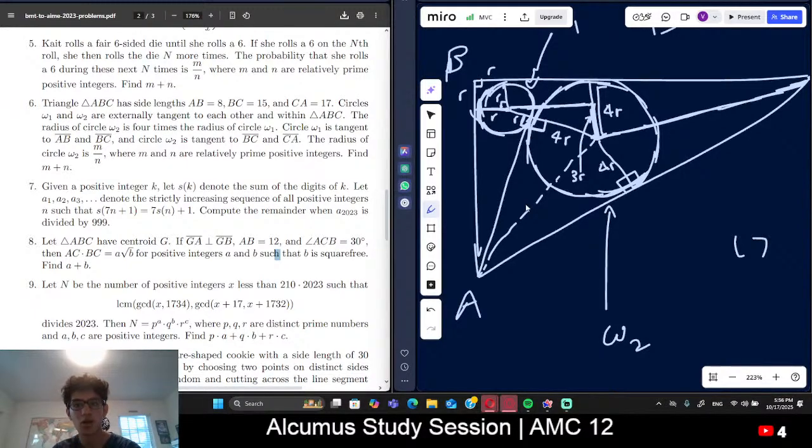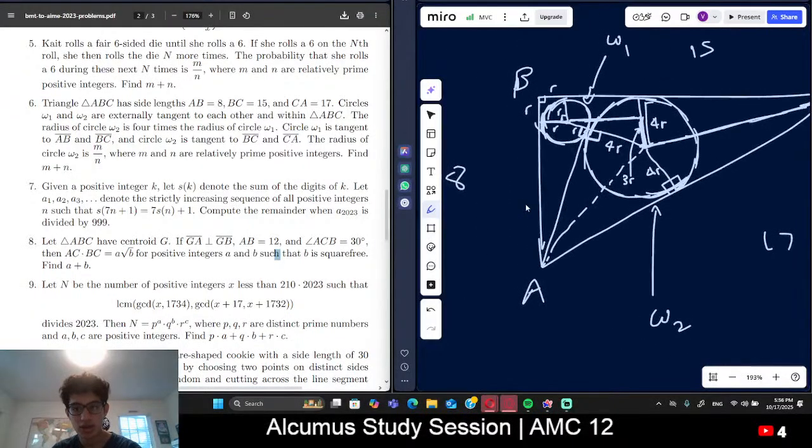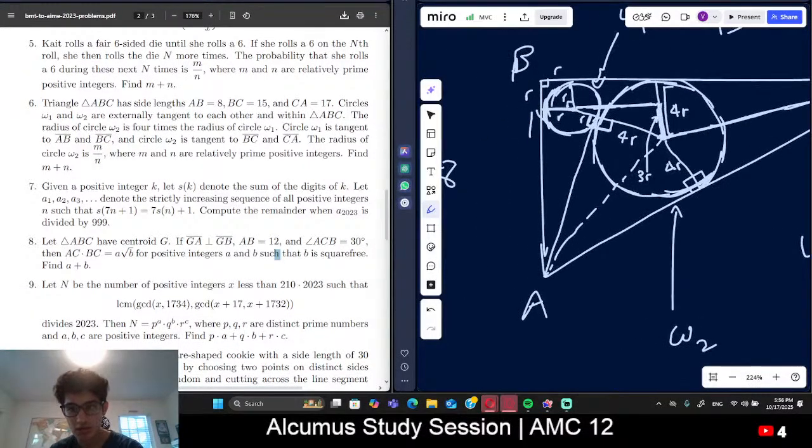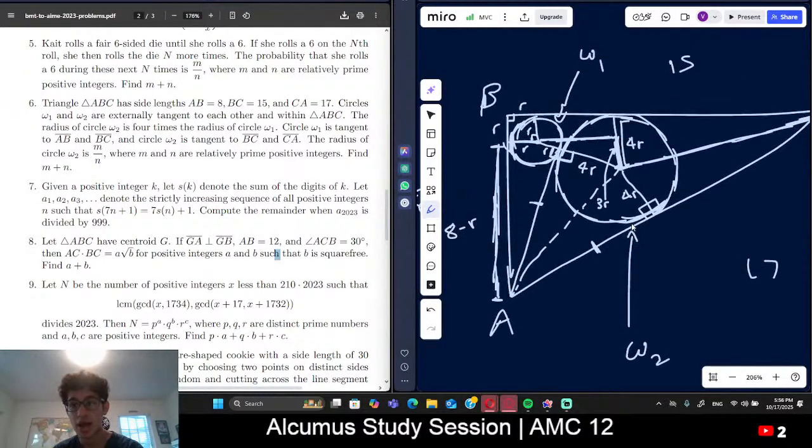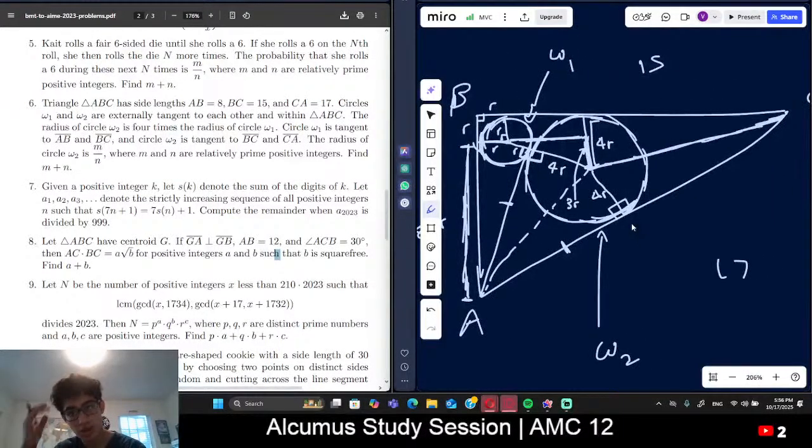Okay, it's not that bad. Wait, I see. Because this length is 8, this length over here is going to be nothing but 8 minus r, right? If that's the case, that's going to be the same thing as this, but we know that this is the same thing as this, right? So that should hopefully be of some use to us. At the same time, what do we know?